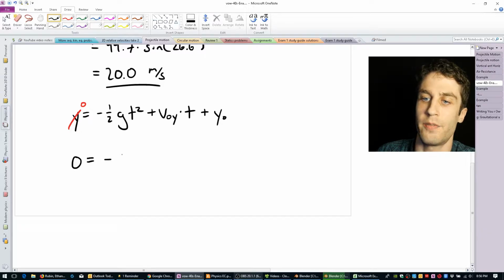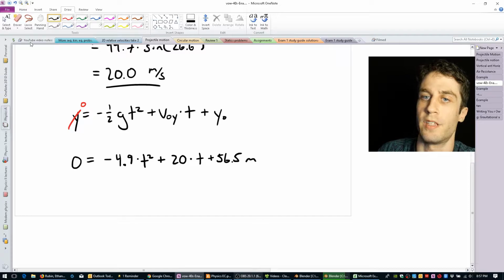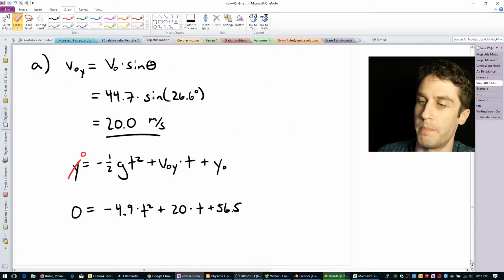Negative 1/2 g is negative 4.9 meters per second squared, times t squared, plus v naught y, which we found was 20.0, times t, plus y naught, which I said in the problem statement was 56.5 meters. Let's leave the units off for the intermediate steps.